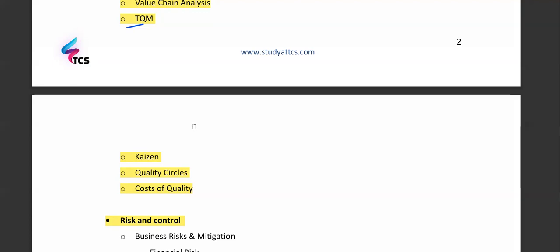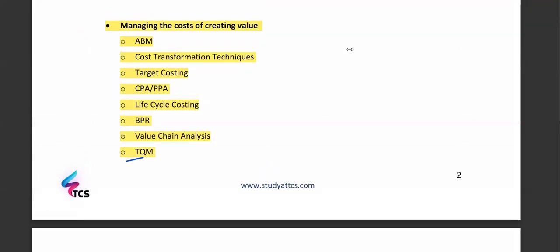They establish minimum standards with regard to the type of products, that is species, or whatever items that they are buying, so that the inventory department does not have to report back issues with incoming goods. So ideally, interdepartmental quality circles are great. If not possible, you could at least look at forming intra-departmental quality circles. So those are the topics in relation to managing the costs of creating value.